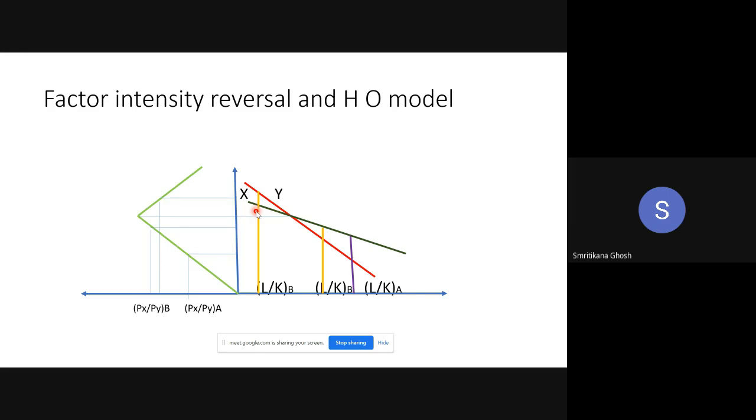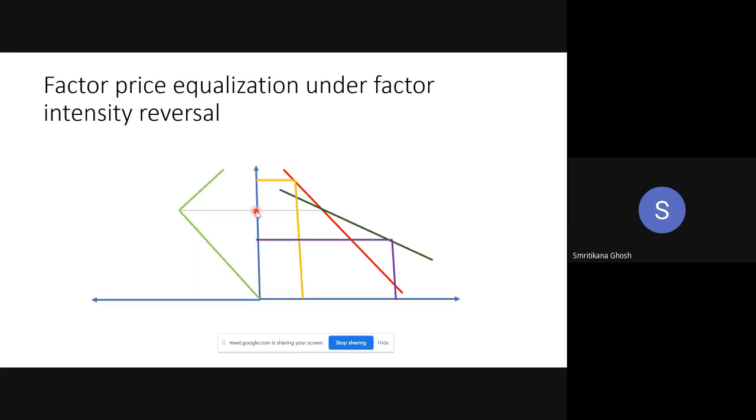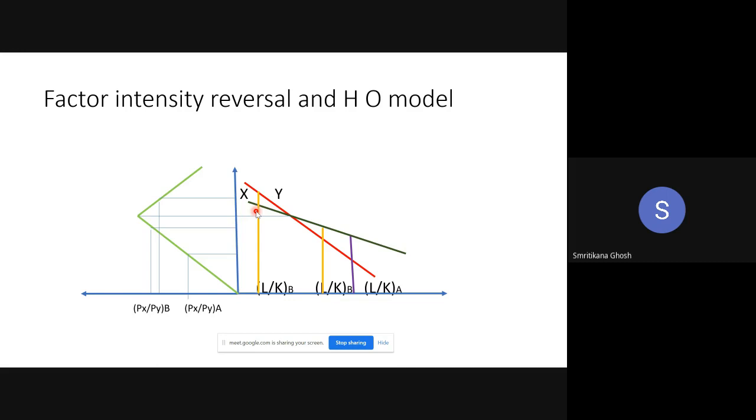There is nothing wrong. But that may be possible, and in that case, you cannot find out the pattern of trade with the help of the HO model. Okay. So that is the problem of the HO model.